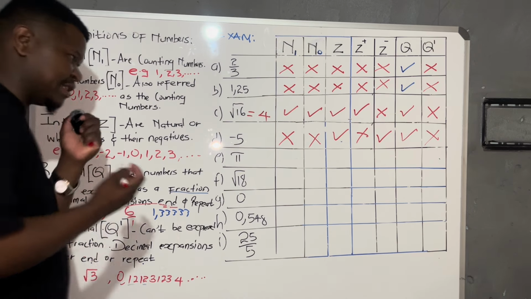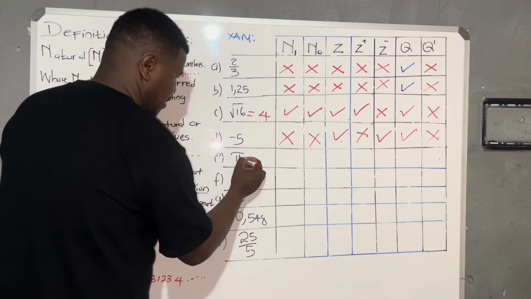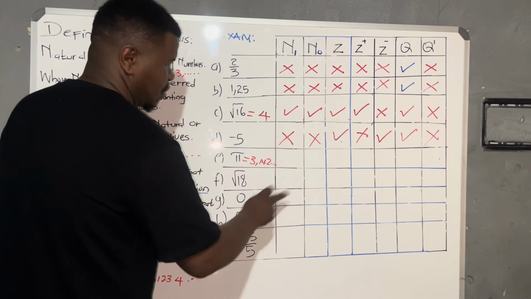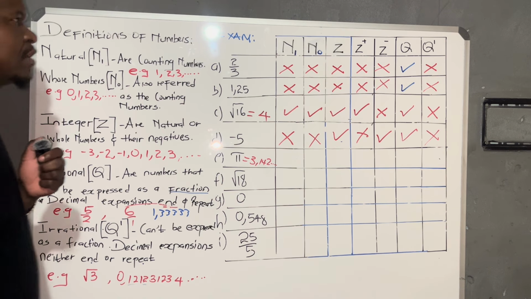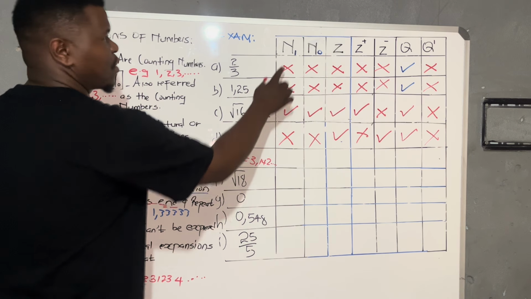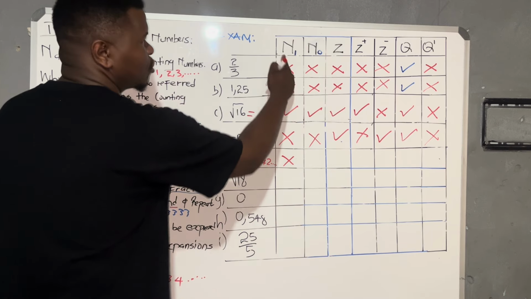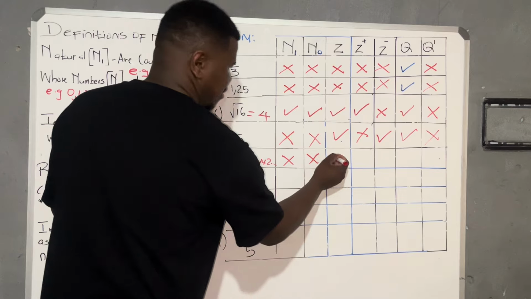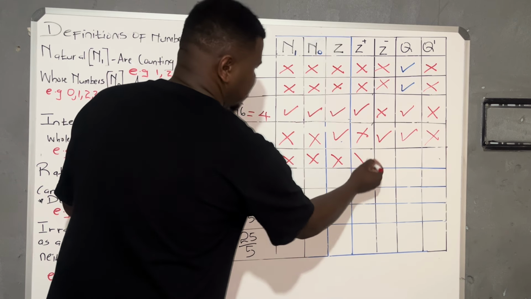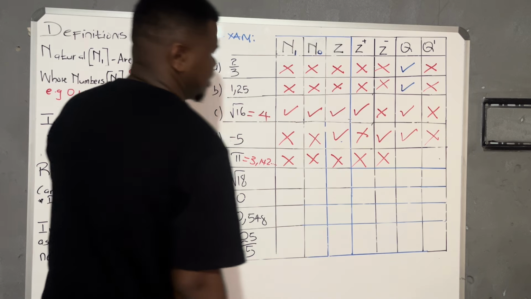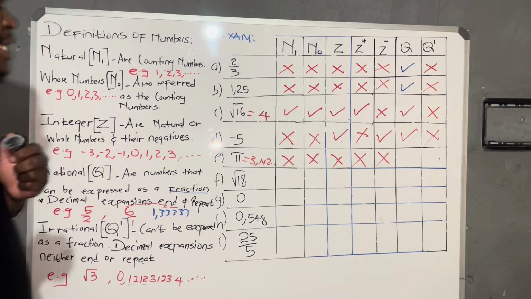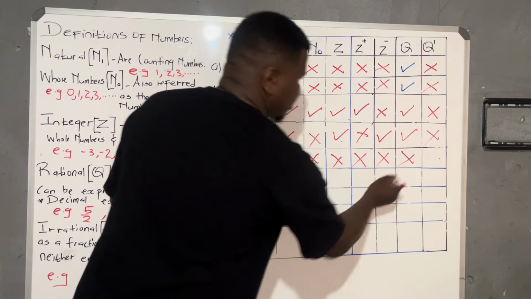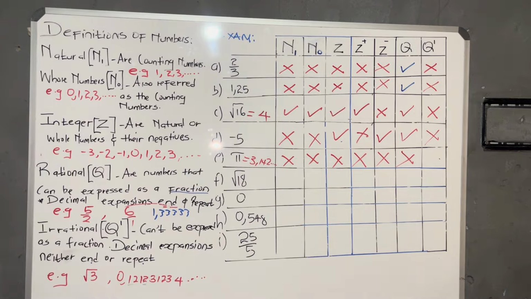But no matter what it is, this is equivalent to 3.142, blah, blah, blah. This is continuous. You can tell that you cannot use this for counting, never. We cannot use this as a whole number to count as well. This cannot be part of the integers, whether integer, positive integer or negative integer. Never. It cannot be rational. Why?